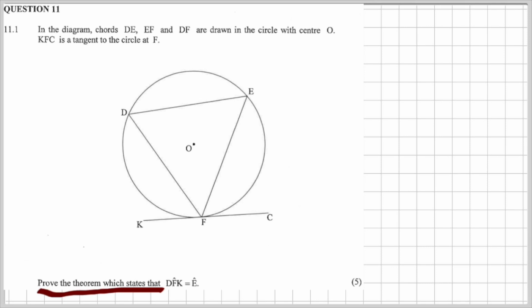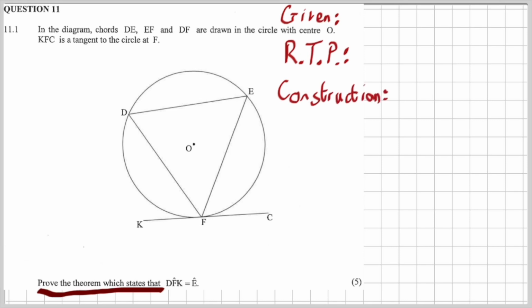There are 2 ways of proving this theorem, and I'm going to use the way that is more comfortable for me. So the first way that I always love to do is write out given, RTP, construction, and proof.